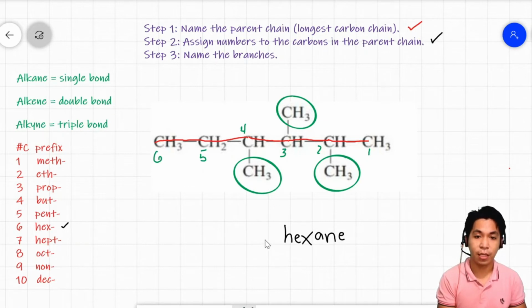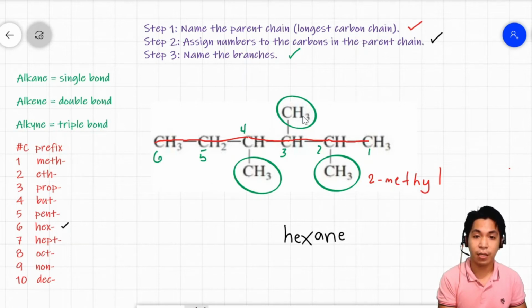Okay, next one. We are now going to name the branches. We have 3 branches, and let's name each one of them first. For the first branch, since this is attached to carbon number 2, this is 2-methyl. Meth because one carbon only, and it is a branch, so methyl.